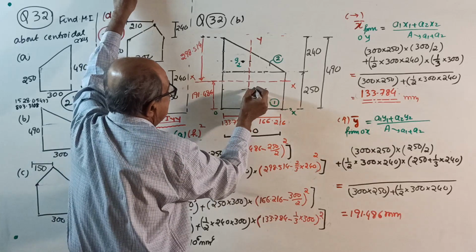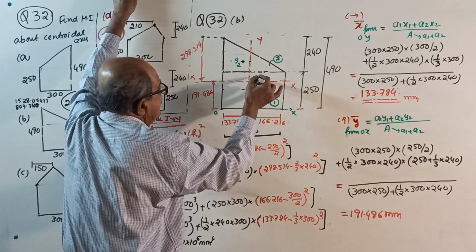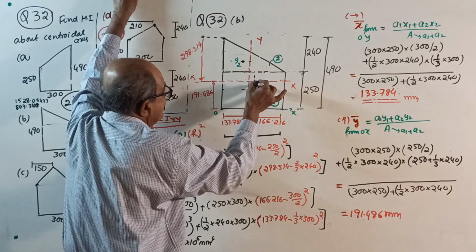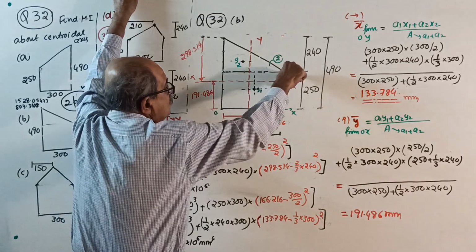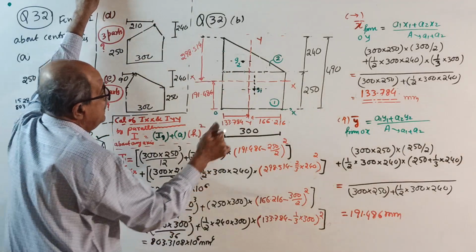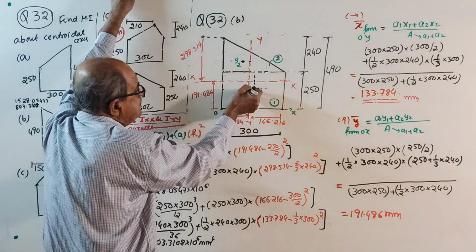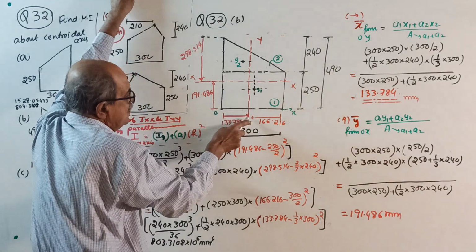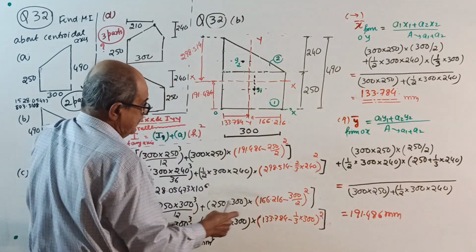Start. First, about its own centroidal axis here: 250 into 300 cube by 12 plus area into this distance squared, that is 166.216.